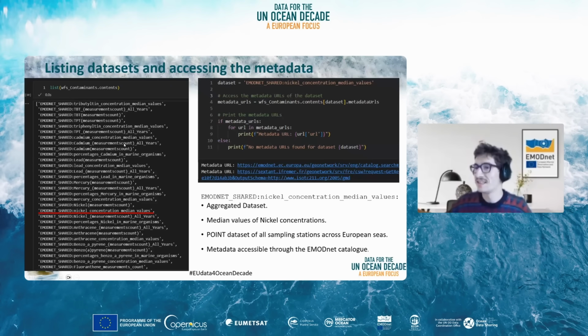Here I selected an aggregated data set of nickel concentration median values, which is a point data set of all sampling locations across European seas. And using the line of code you see on the right, we can access the metadata as a URL that will bring you online back to the EMODnet catalog using the .metadata URLs method.